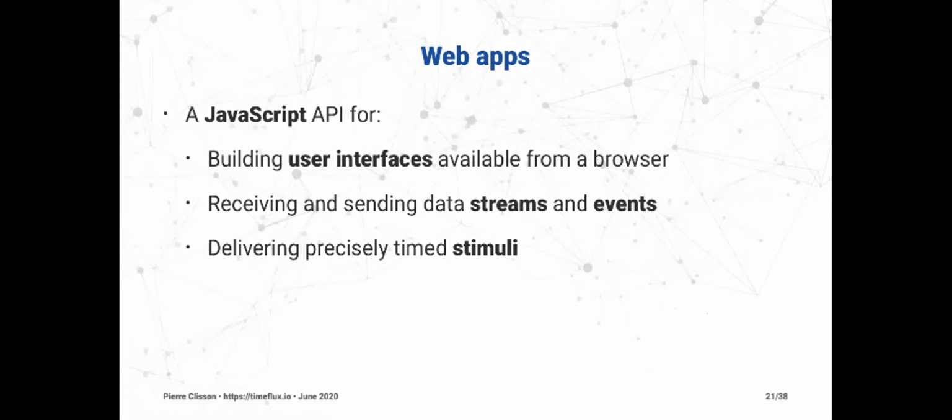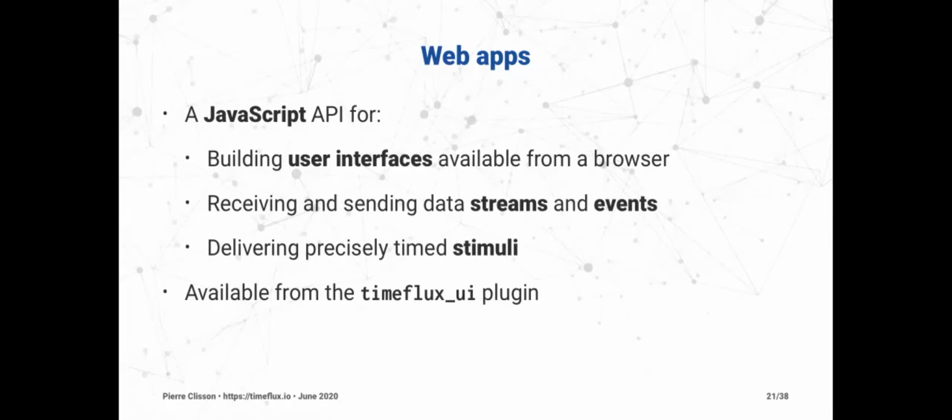This is why we schedule events to be displayed on the screen. And when the screen refreshes, we send the event. So we know exactly when the screen has refreshed, and we can align the time with the refresh rate. So you can do ERP research, you can do SSVEP in a web browser.